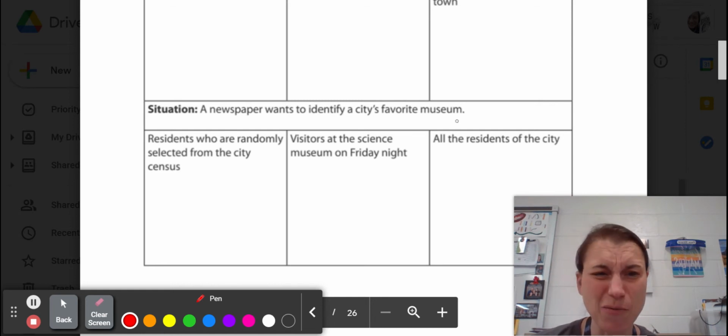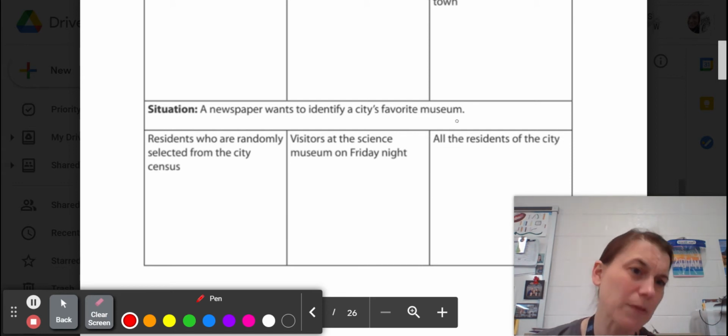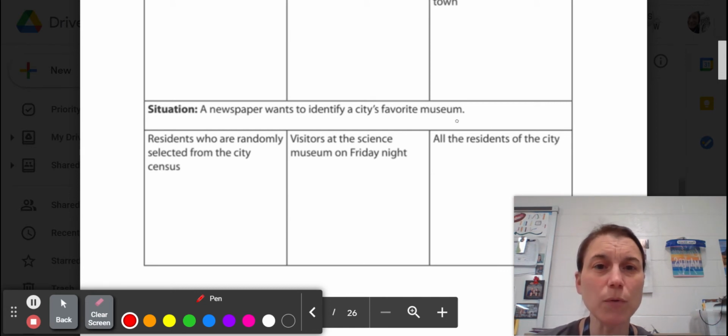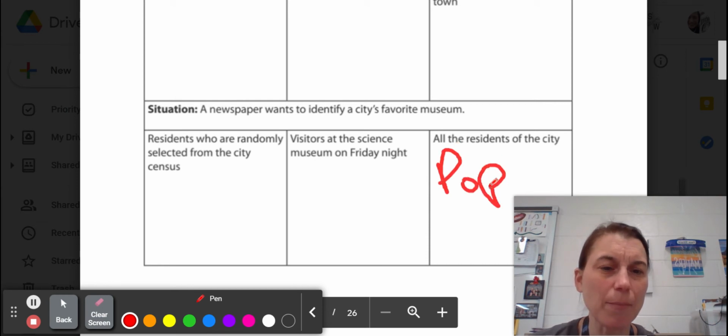A city doesn't have a mind. So when they say a city's favorite museum, they're really talking about the people who live in the city, because that's who we're calling the city. So to the people who live in the city, what's their favorite museum? So all the residents of the city would be the population. I'm going to abbreviate POP for population.